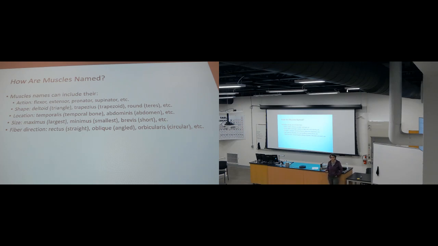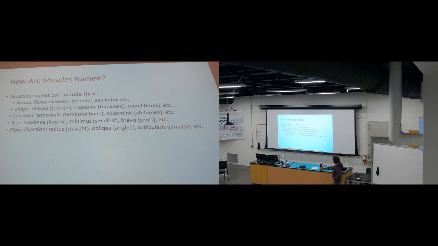That's the Latin name for round, teres. And then based on location, if it's near to the temporal bone or above the temporal bone, it's called temporalis. If it's in the abdomen, it will be abdominis. If it's in the femur, femoris. If it's in the arm, brachii. So you can have different names according to location.